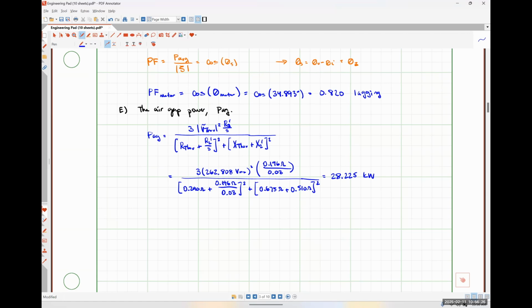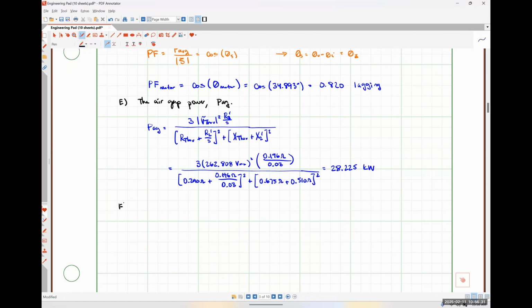So now, knowing the air gap power, how might we find the mechanical power, Pmech? It is indeed. Exactly right.